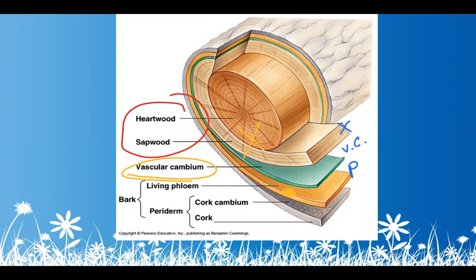And then outside of your phloem, you have your cork cambium, and finally your cork. Now, I like this because it shows you what bark is actually made of. Bark is made of the living phloem, the cork cambium, and the cork. Don't worry about periderm. So that's all bark.